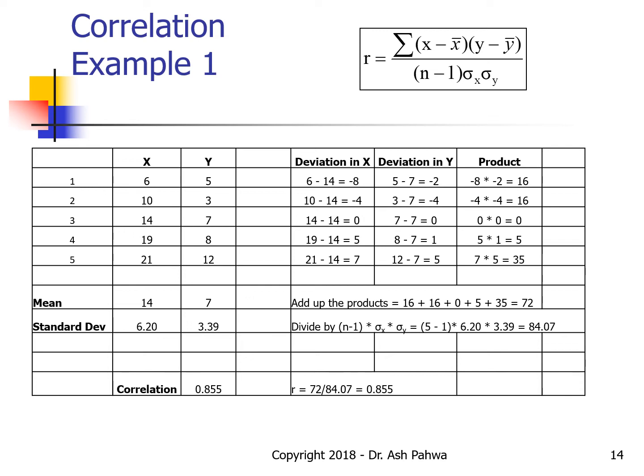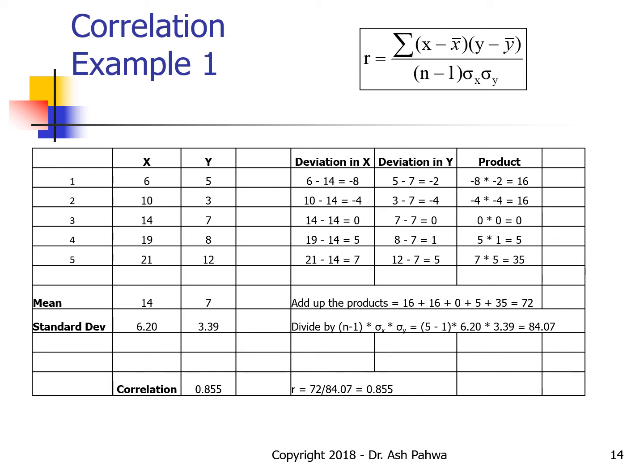As you recall, we computed the mean of x, which is 14. We also computed the mean of y, which is 7. We also computed the standard deviation of x, that is 6.20, and the standard deviation of y, which is 3.39. Now let us compute the correlation. To do this, we take 72, which is the sum of the products, and then divide that by 4.